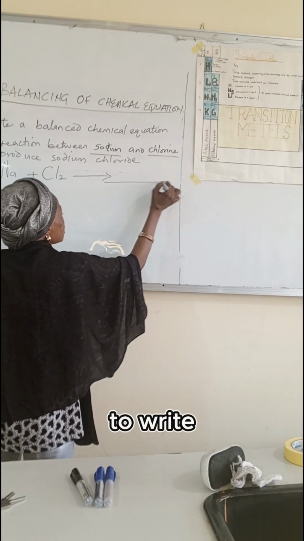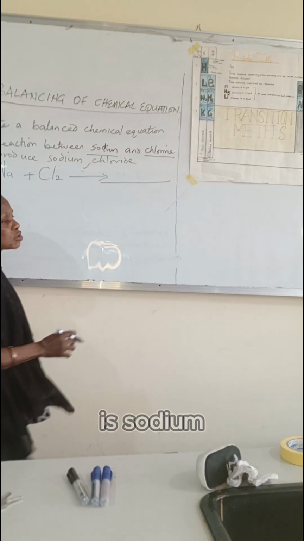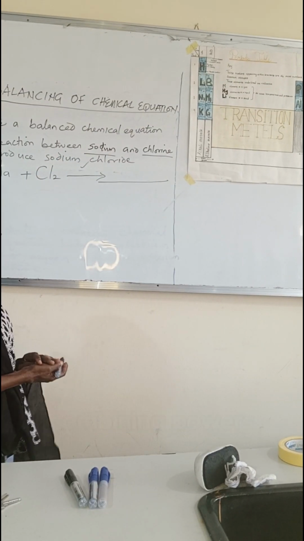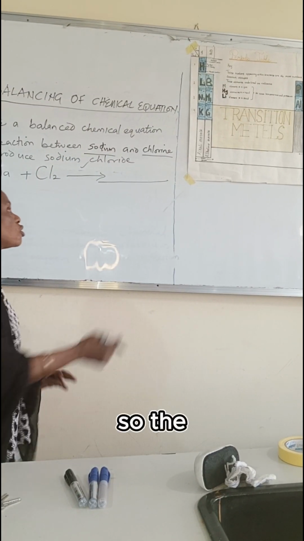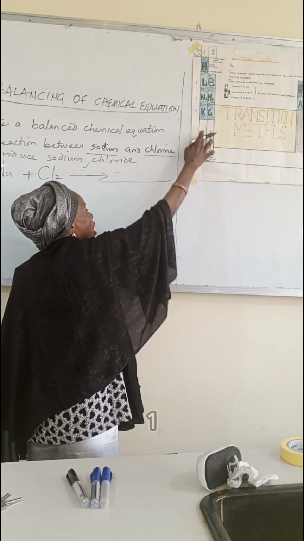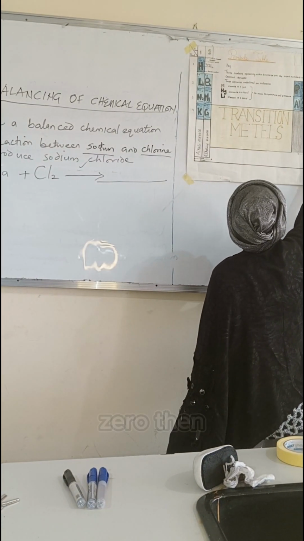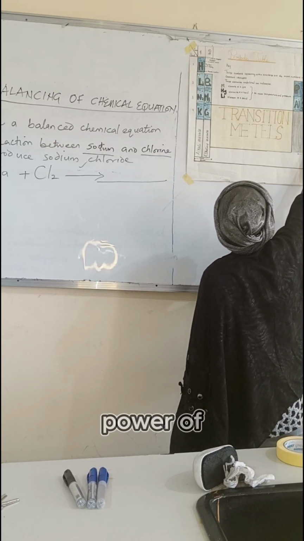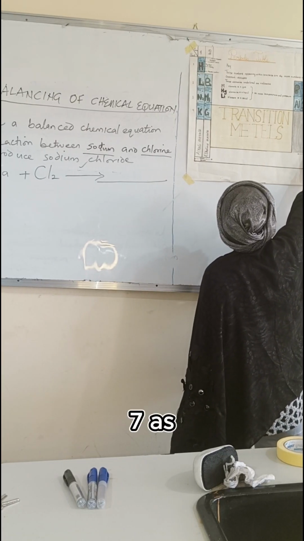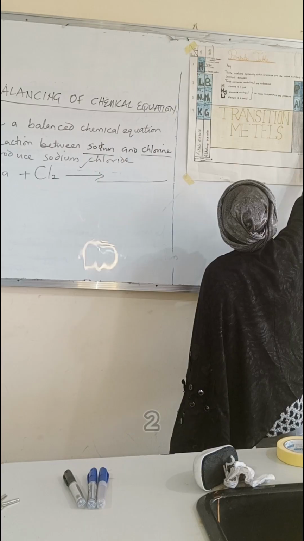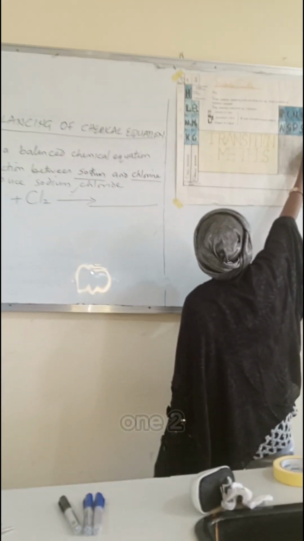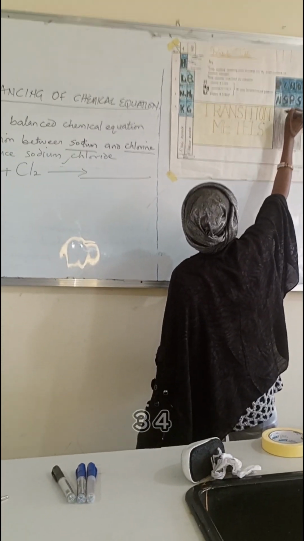Now, when you want to write the compound, sodium chloride, you will look at their combining powers. The group 1 element has a combining power of 1. Then a noble gas has 0. Then you have the combining power of group 7 as 1, group 6 as 2. It comes like this: 1, 2, 3, 4.